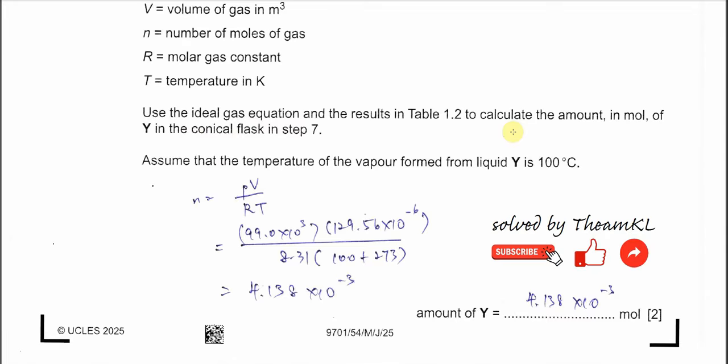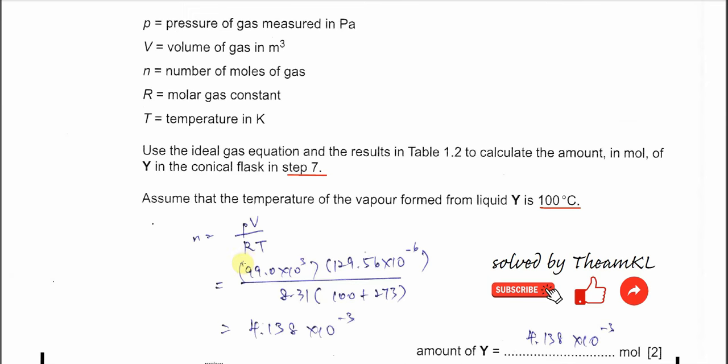Calculate the amount in moles of Y in the conical flask in step 7. Assume the temperature of the vapor formed from the liquid is 100 degrees C, following the boiling water. Since PV equals nRT, n equals PV over RT. So make sure the 99 kilopascal you convert to Pascal by times 1000.